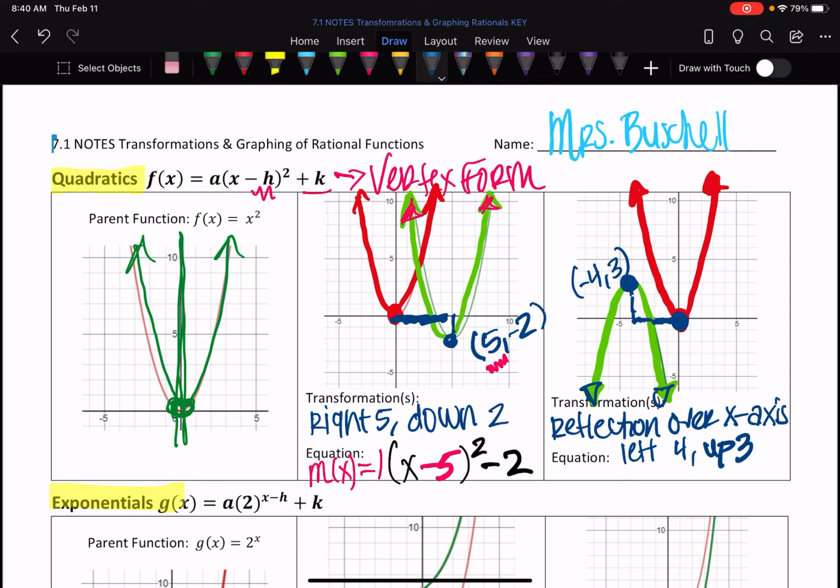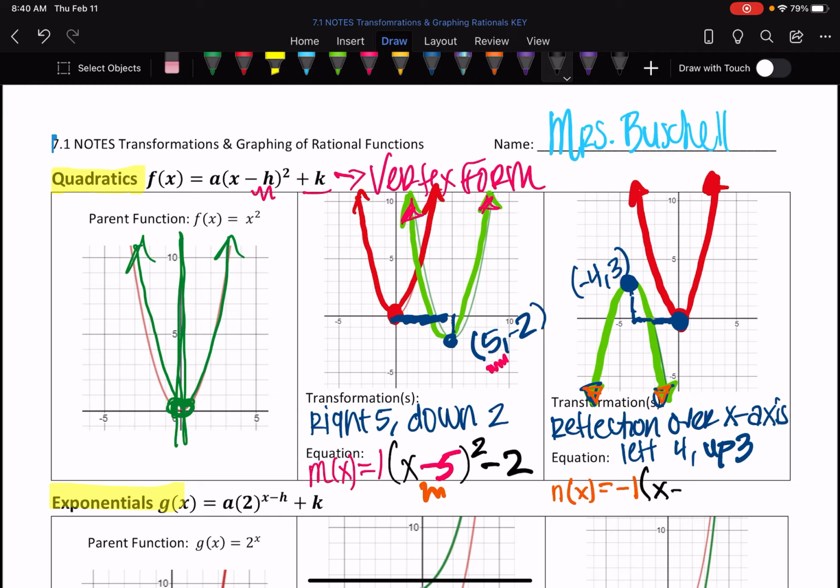This time when I'm plugging it into my formula, I'm going to tell you why we take the opposite. I'm going to use my vertex formula, and let's say n of x this time. So n of x equals, my a is actually going to be -1 because my parabola is opening down, and then I'm going to have x.